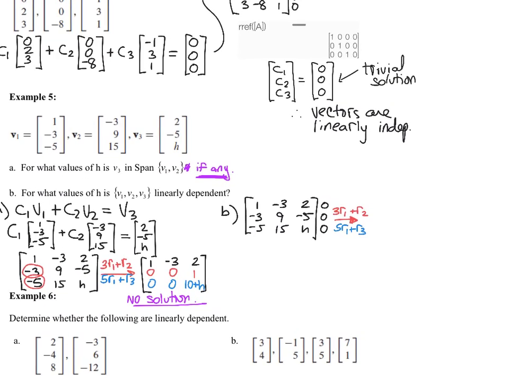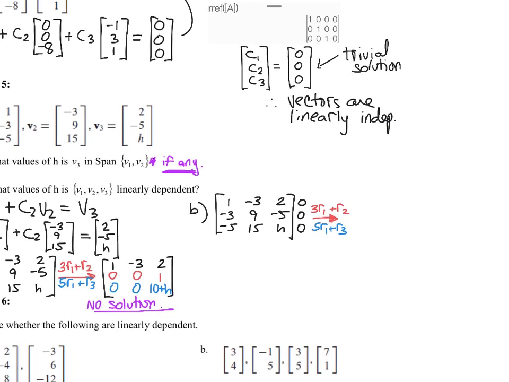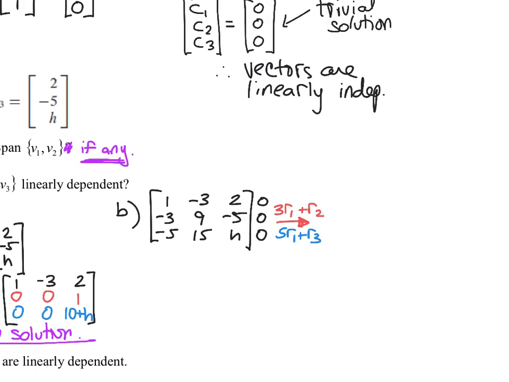So I can steal my work from the previous part. The only thing that would be obviously concerning would be if I made a mistake there, but I'm just going to choose to believe.